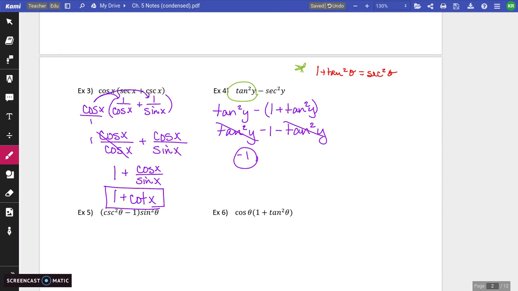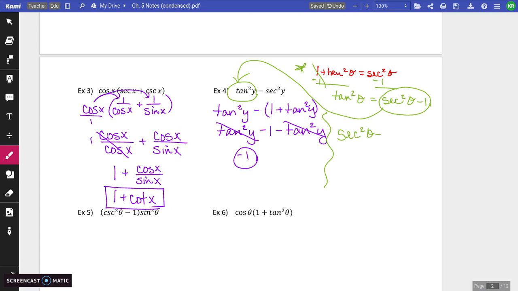All I'd have to do is move this 1 over to the other side. So tangent squared theta equals secant squared theta minus 1. That means I could make that a substitution for tangent.